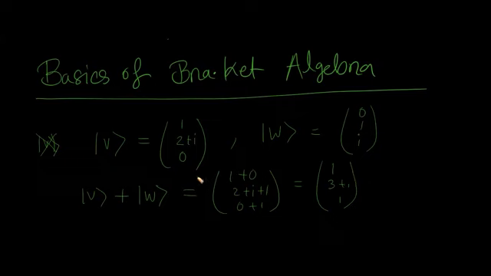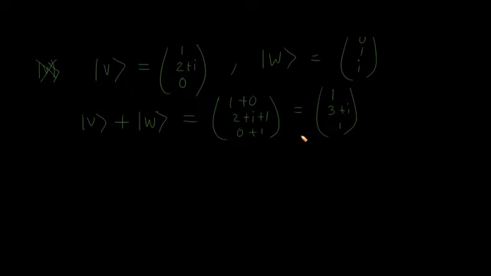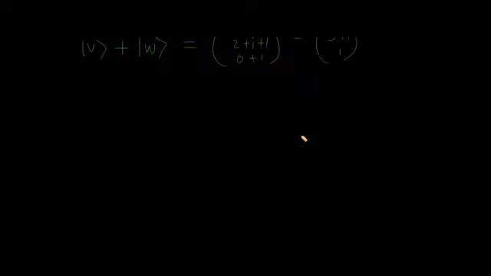So this is how we represent it. Here you can see ket v plus ket w, and the representations are the column representations, and the rest of the algebra is similar to the matrix algebra we saw in our week 1 lectures.